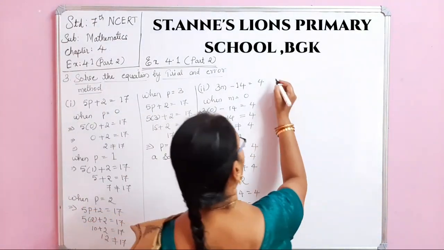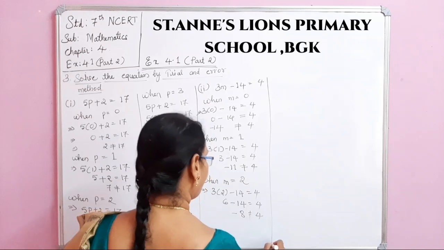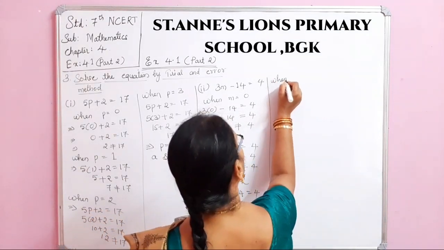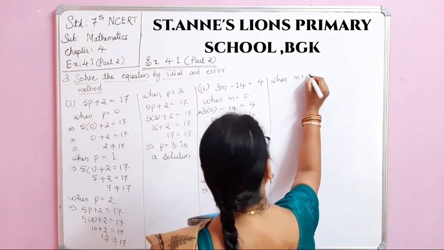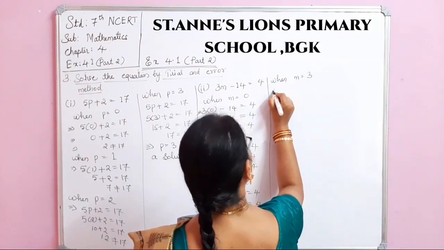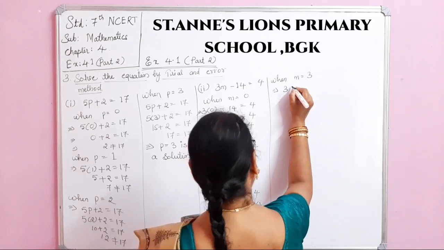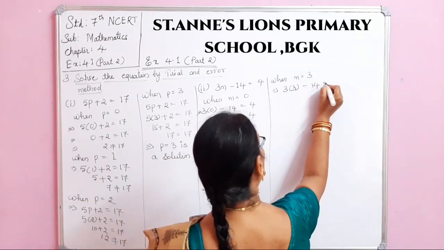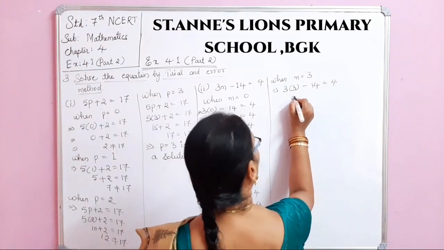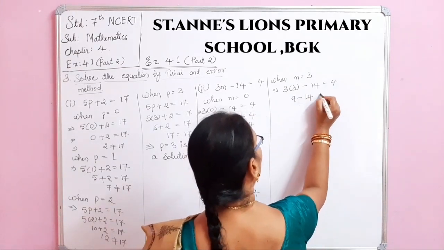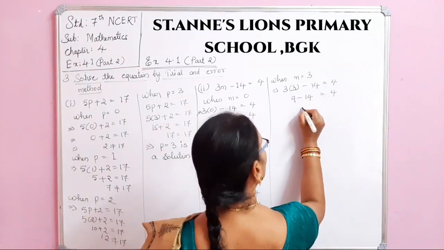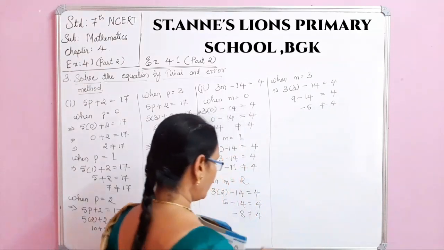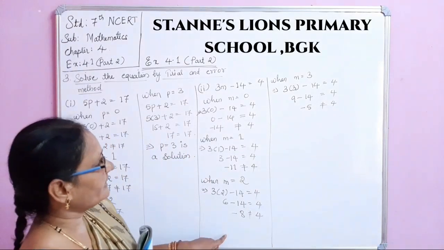Okay, next. When m is equal to 3, what happens? 3 into bracket 3, 3 3s are 9, minus 14 is equal to 4. 9 minus 14, this is minus 5, is equal to 4. Both are not equal. You just observe the value.